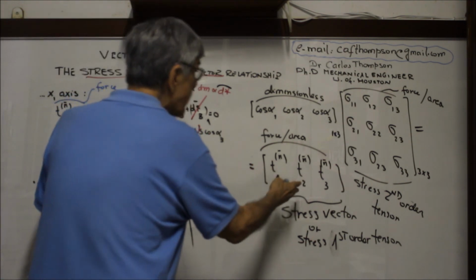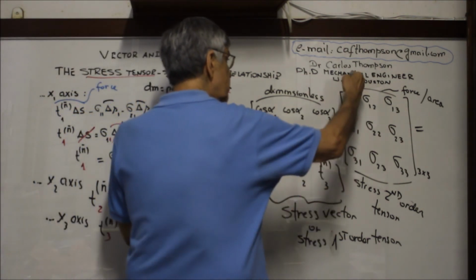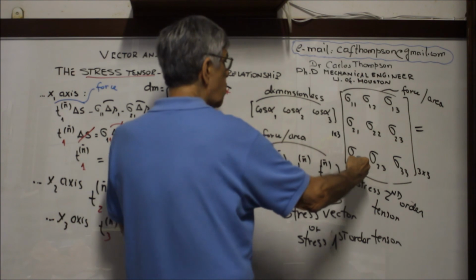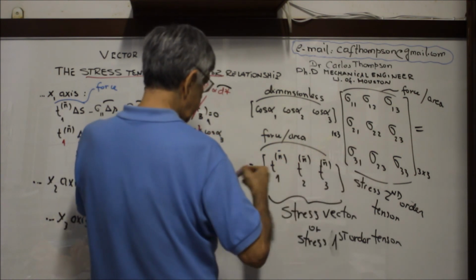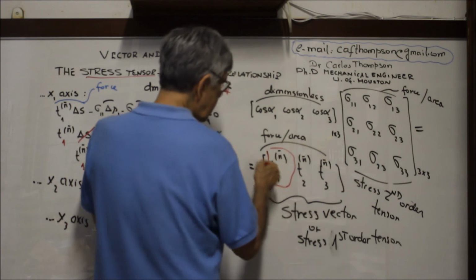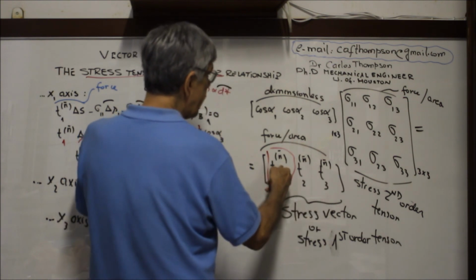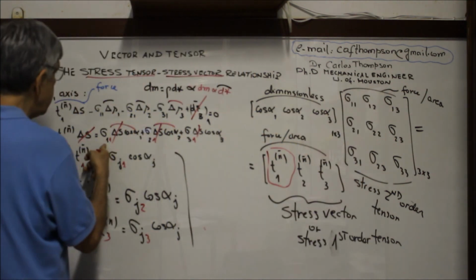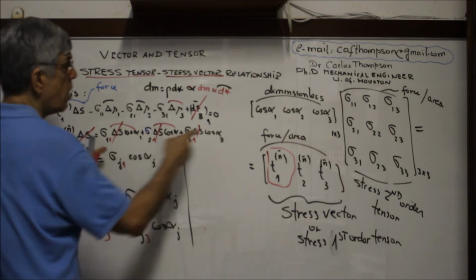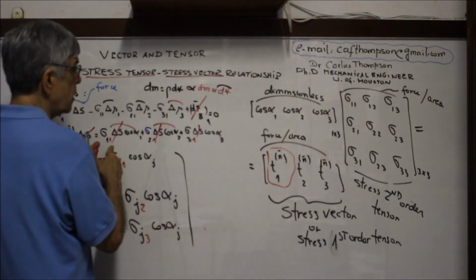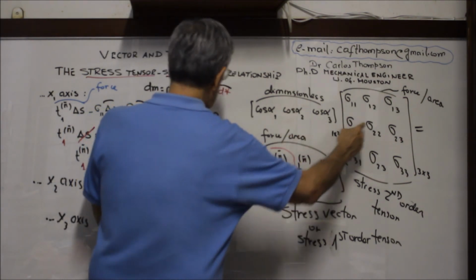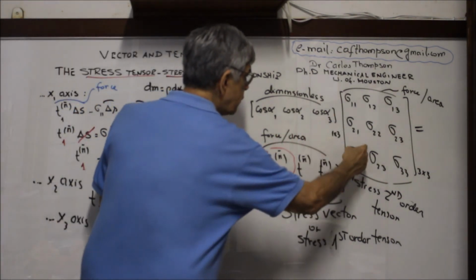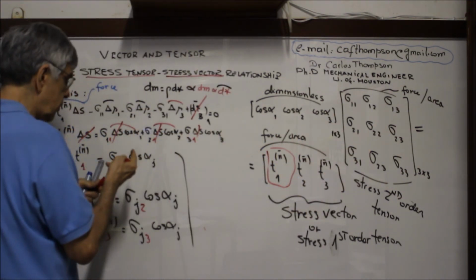Now we can check. First row times first column will be this term over here. So T1n will be the first row times the first column: cosine alpha 1 sigma 1 1 is here, plus cosine alpha 2 sigma 2 1 is over here, plus cosine alpha 3 sigma 3 1.